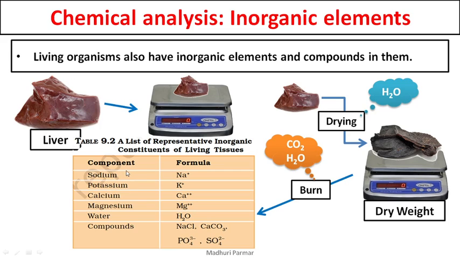It includes sodium, potassium, calcium, magnesium, and some other compounds as well, like sodium chloride, calcium carbonate, phosphates, sulfides, sulfates, etc. A lot of things. So this is how the inorganic chemical analysis of any living tissue is done. I hope it is clear till here.